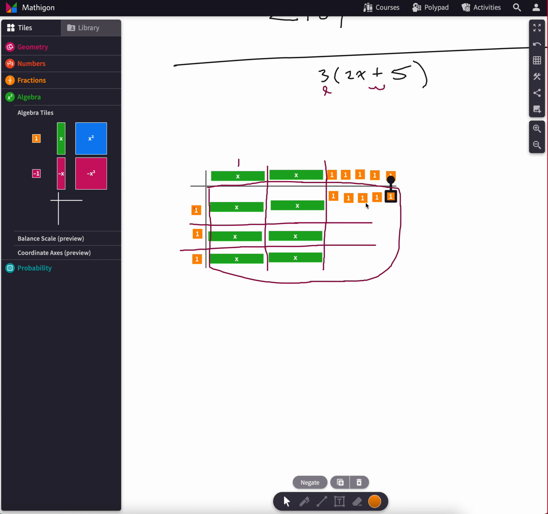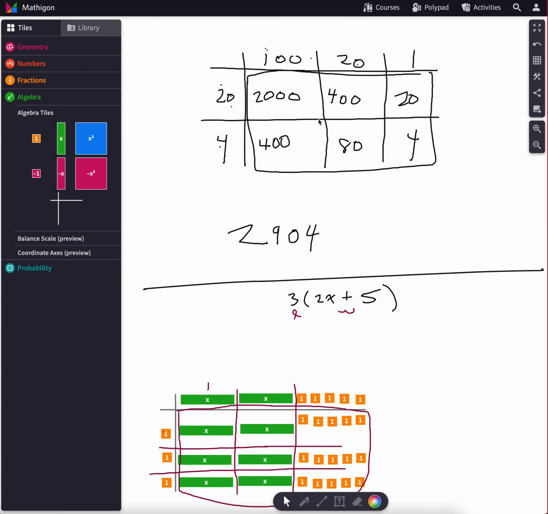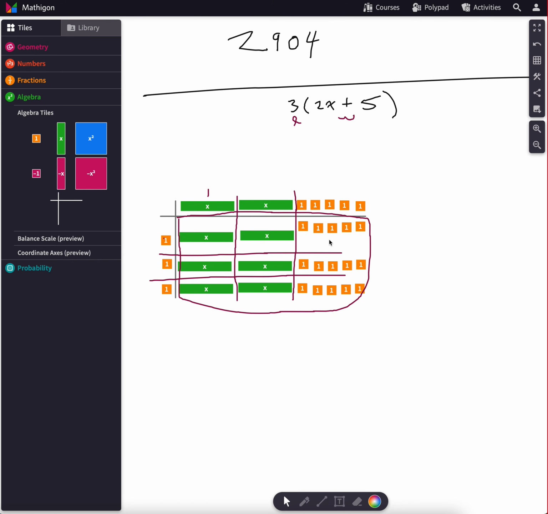right? And then you do it again for the next one. This 1 times all of these ones. And then again, down on the bottom, you're going to get this 1 times all of these ones. Okay? And then after you have this done, you just add up the inside of the area, just like last time. Just as if it was numbers. We just added this up and we got this number. Except this time, again, like this morning, we cannot add x's and little 1 squares together.